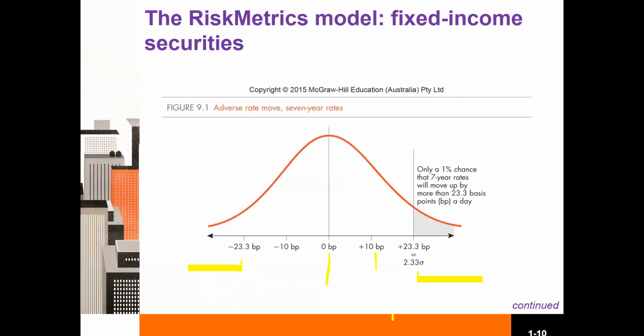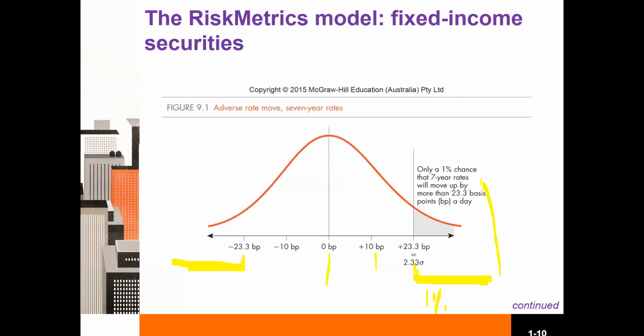Now, since we are only considering the worst outcome, not the upside potential, if there is a 2% chance that the yield will be higher or lower than this 2.33 sigma, it means that there is a 1% chance that it will be higher than this, and a 1% chance that it will be lower than this.